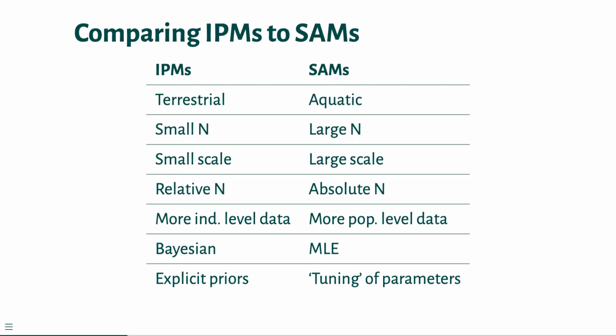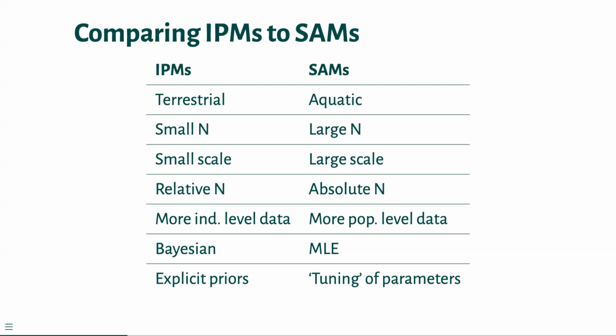They are often happy to estimate relative abundance or trend over time as opposed to absolute abundance. They make use of more individual-level data like capture-recapture histories. Because they're relatively small scale, small n, it's tractable to fit them in a Bayesian context and to use explicit priors like I just explained.